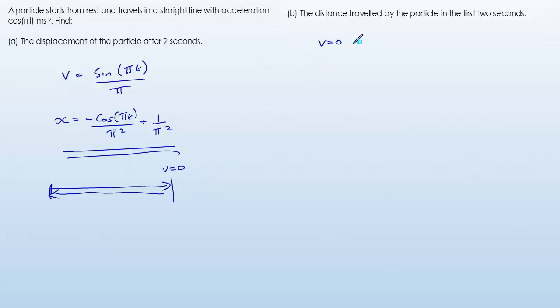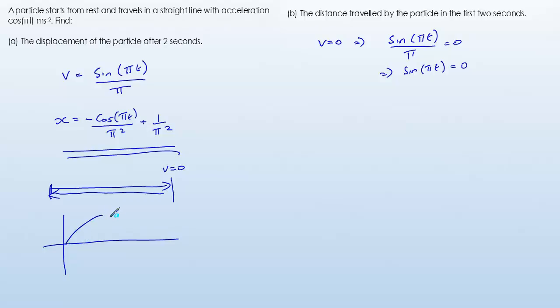So v equals 0 means sine pi t over pi is equal to 0, which means that sine pi t is equal to 0. Now let's think about the sine. At 0 it's 0, and at pi, and then at 2 pi.